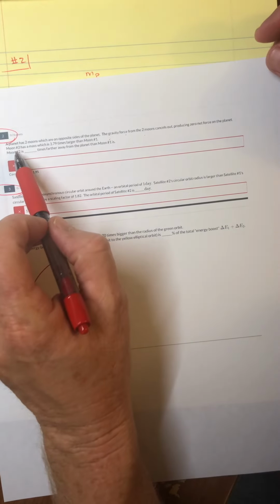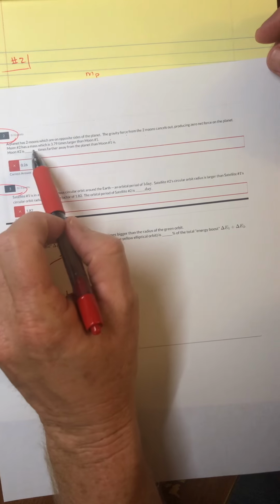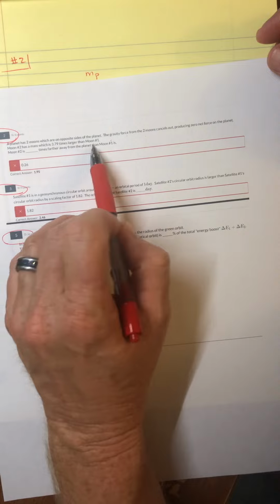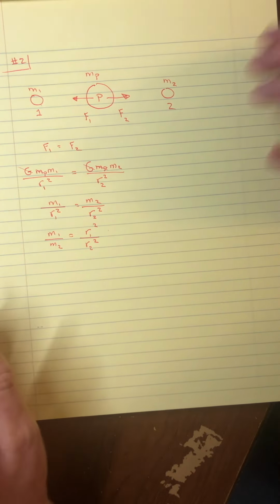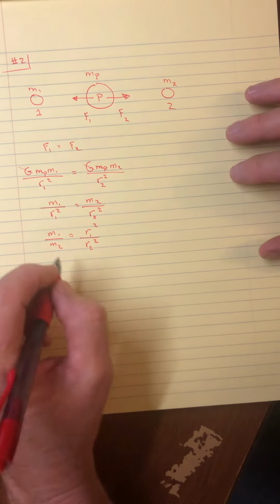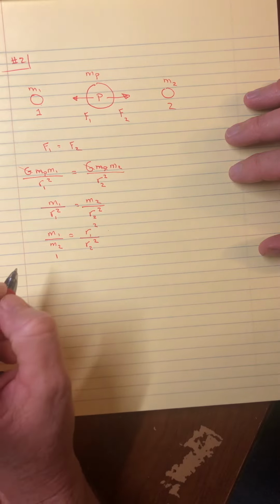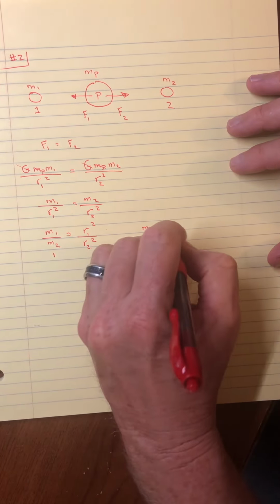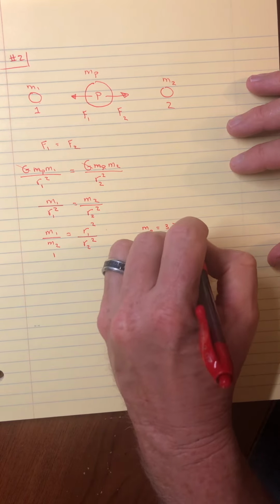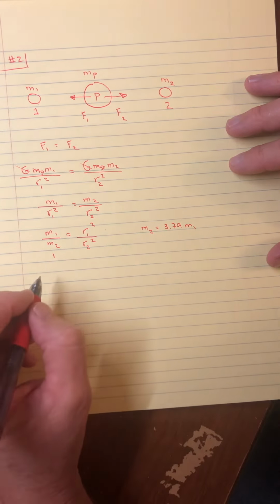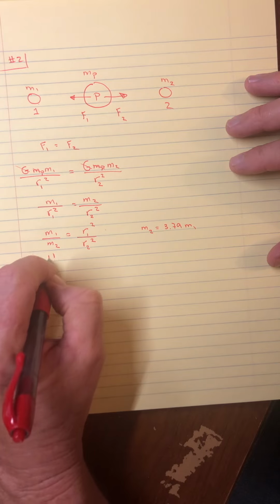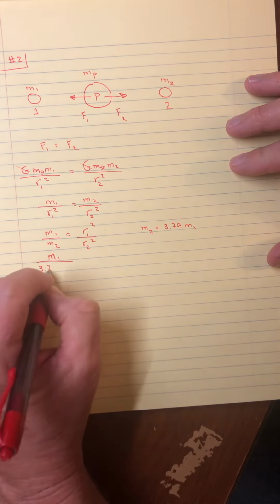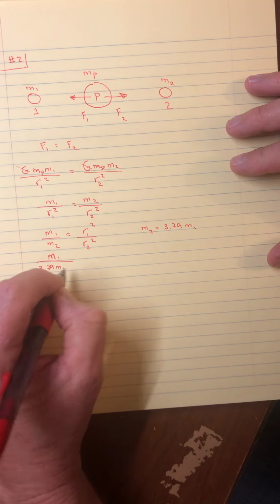This ratio of their masses is really what was just described here. It says moon number 2 has a mass which is 3.79 times larger than number 1. Maybe I should have put them in the other order, because this is saying number 2 is 3.79 greater than number 1. So I'll write mass 1 on the top, and on the bottom I'll write 3.79 times mass 1.